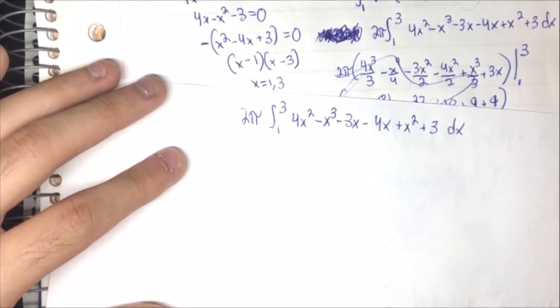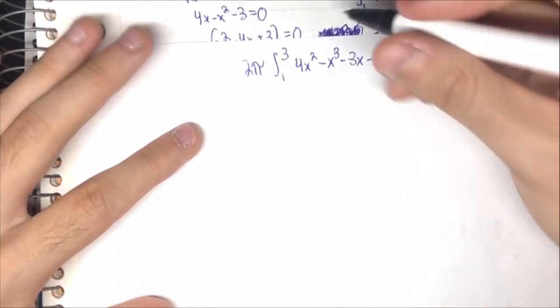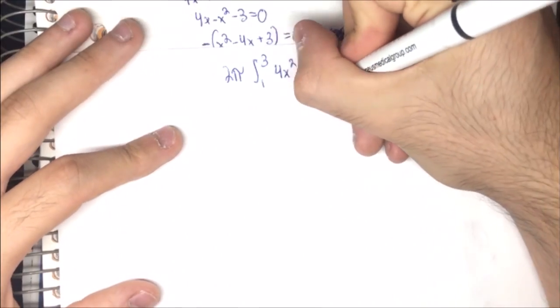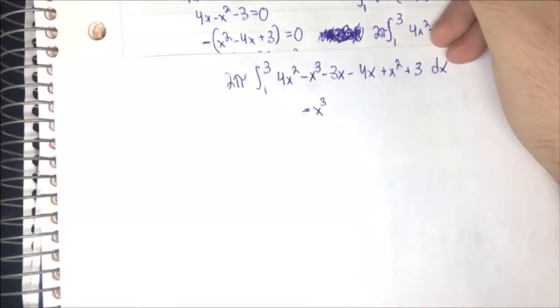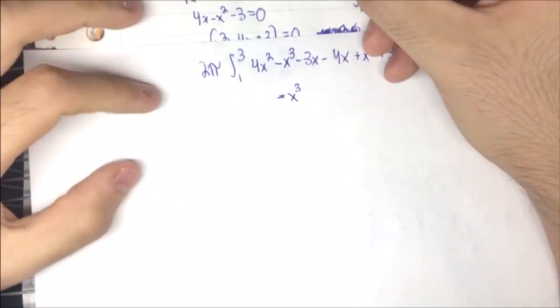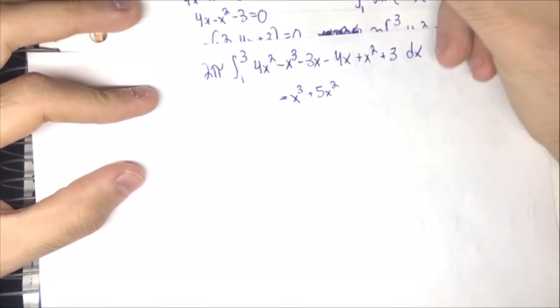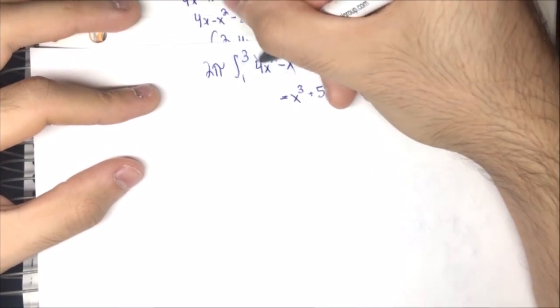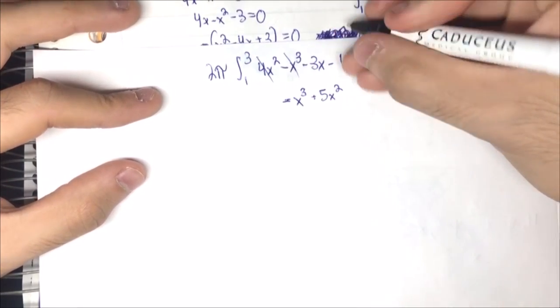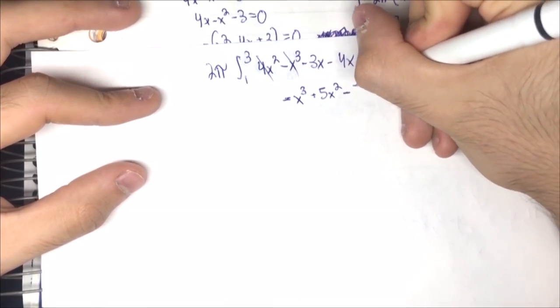All right, so I was being so dumb. I didn't combine any like terms here. So negative x cubed, so let's see, what can we combine? The x squareds. What does that equal? 5x squared. All right, so we got that out of the way, this out of the way, and now we can combine those.